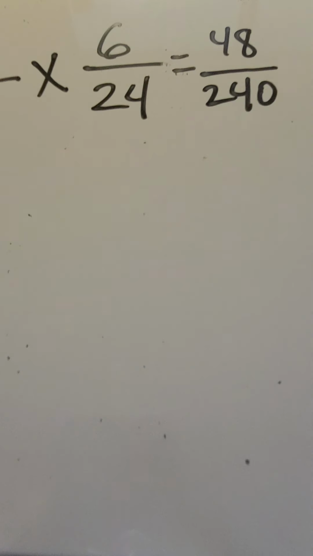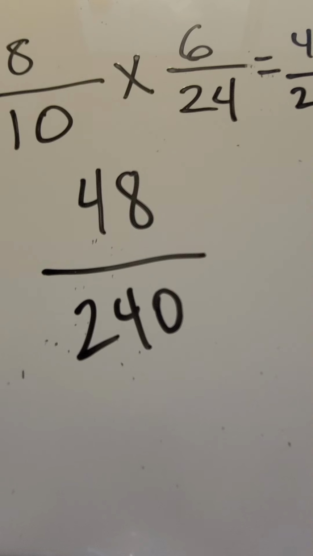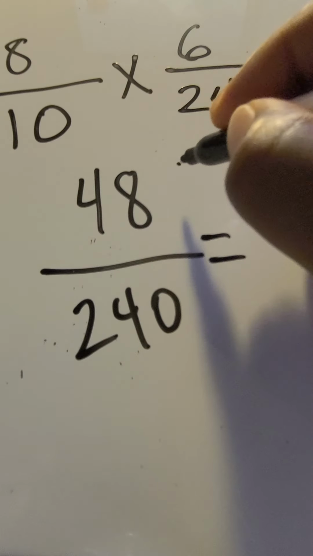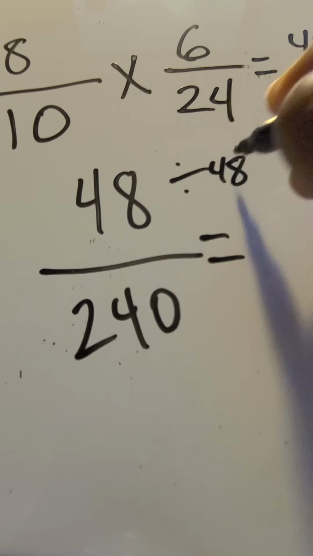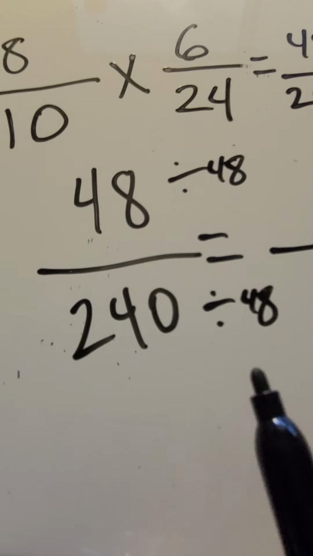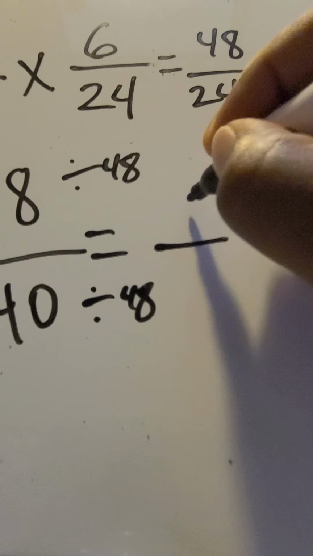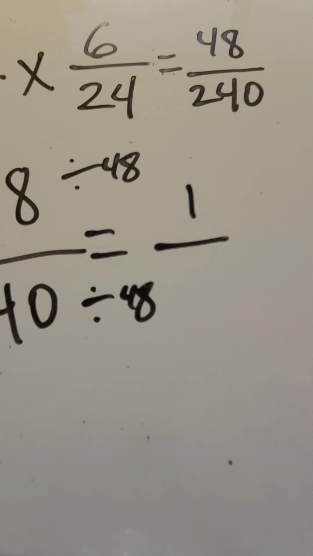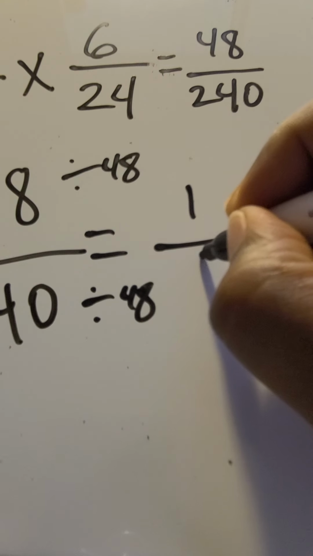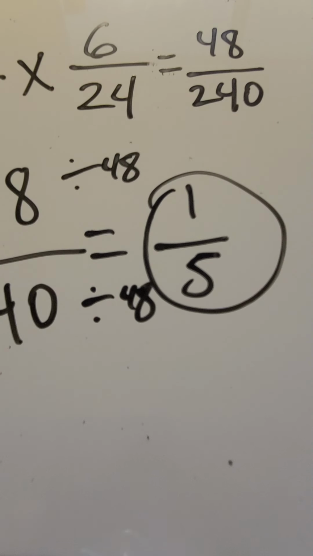So we have 48 over 240. We're going to divide both the numerator and the denominator by 48 to get our new answer. 48 divided by 48 is 1. 240 divided by 48 actually happens to be 5. And our answer doesn't change.